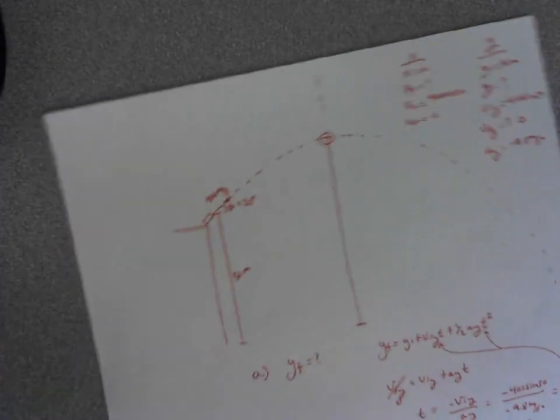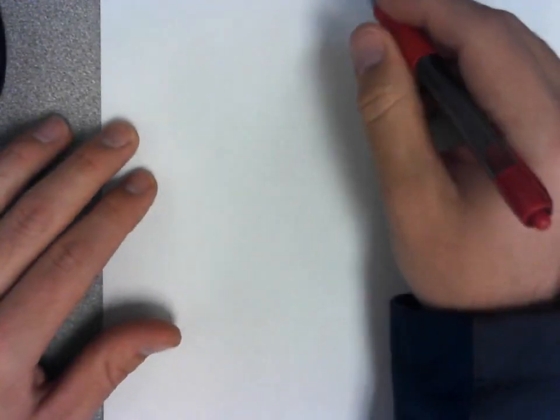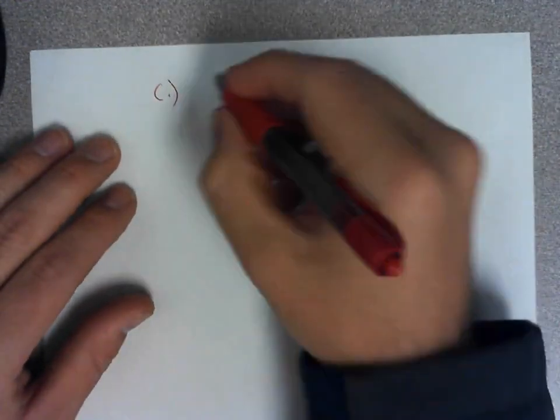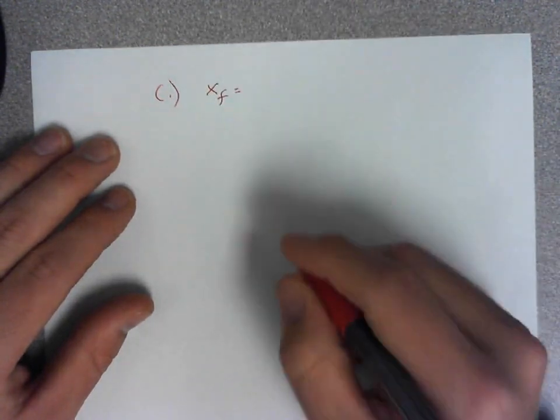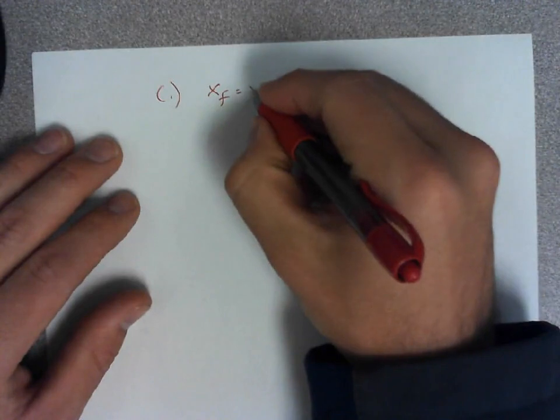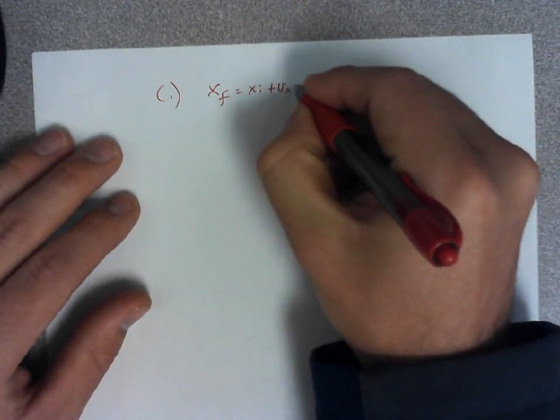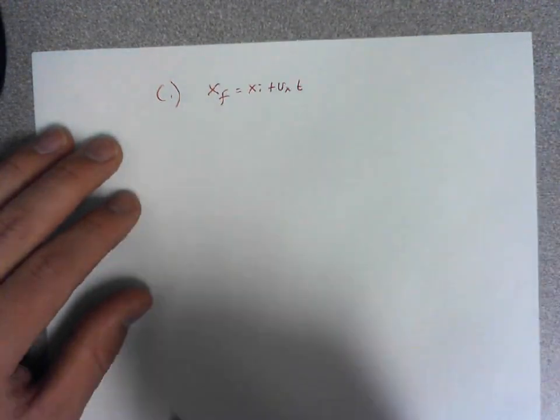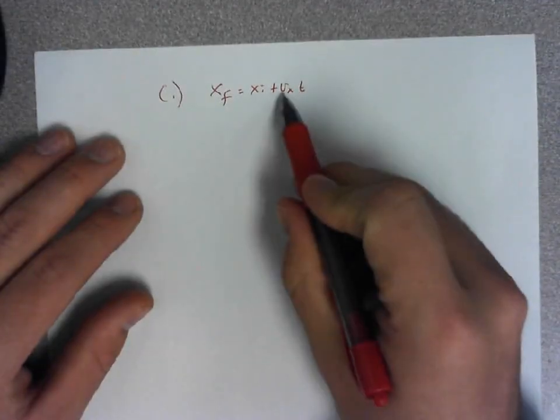Another question we might ask, and we'll just flip this over, okay, is how far does it go away from the base of the cliff? So what's my x final? Well, in this case, x final, that's an easy one to solve because we have a standard equation for this. Okay, I know what my constant velocity is.